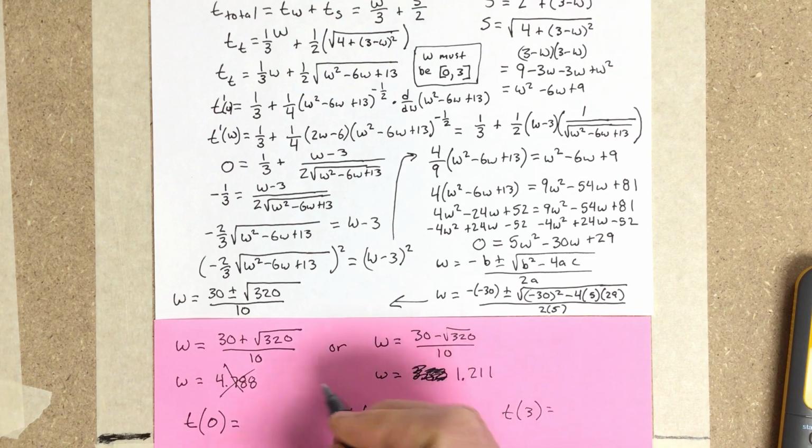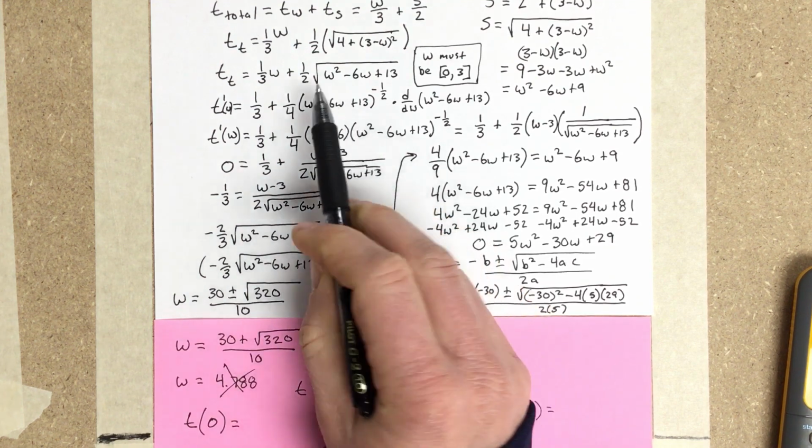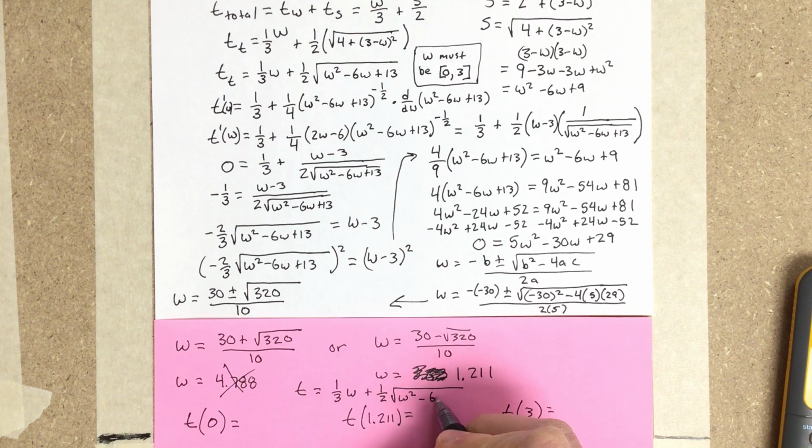Now the original equation for T was equal to 1/3 w plus 1/2 root of w squared minus 6w plus 13.